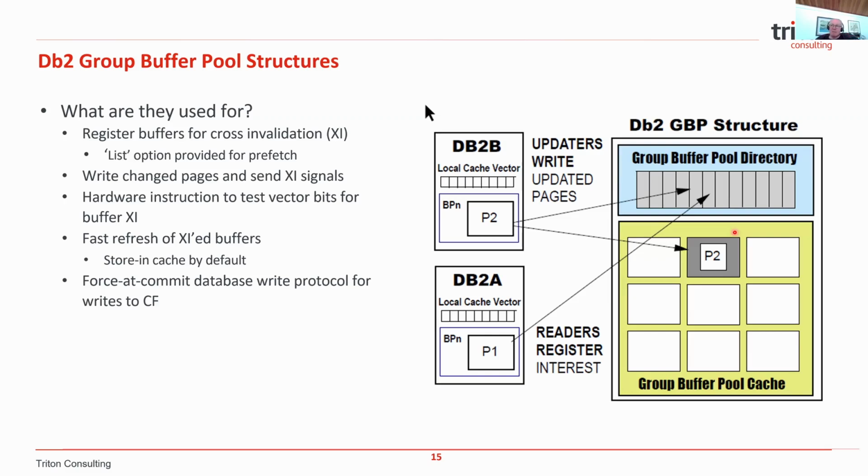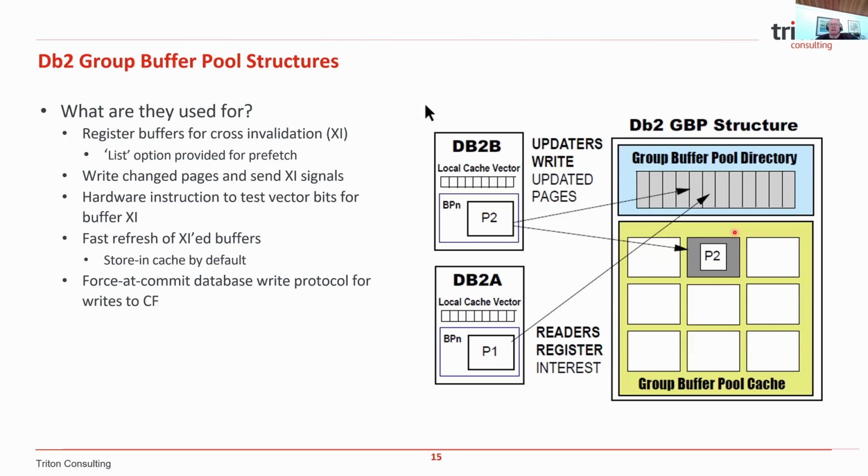The next time the buffer manager tries to access the page, it will test the respective bit in that local cache vector associated with that page, and if it's been flipped to indicate it's invalid, it will try and refresh it from the group buffer pool.